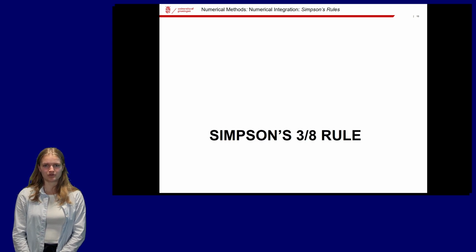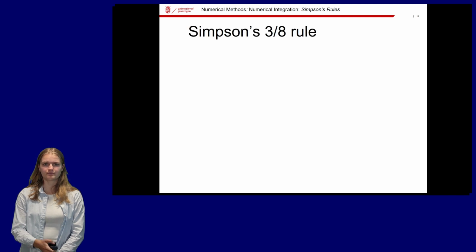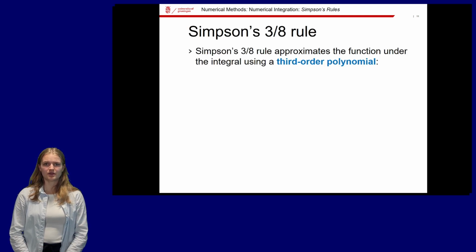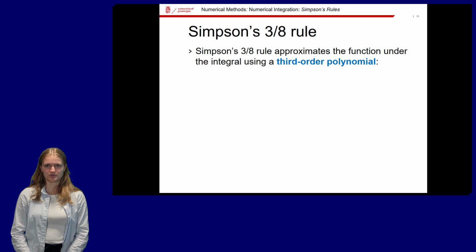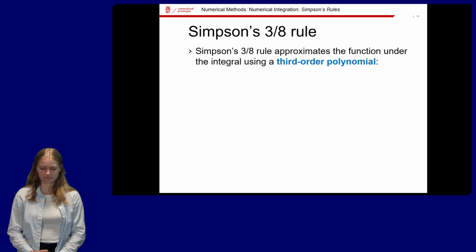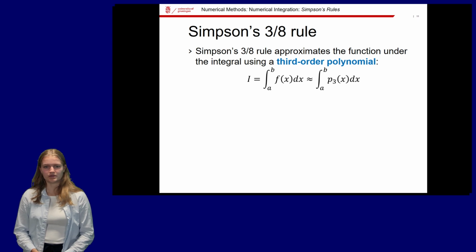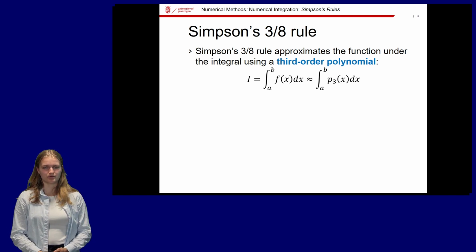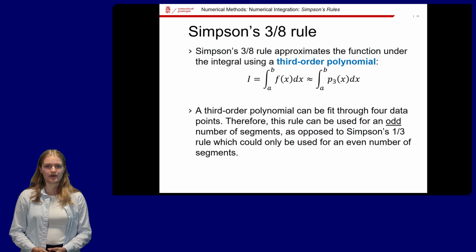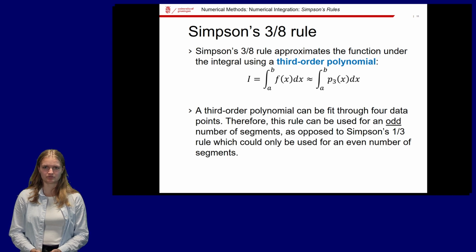So now I'll be moving on to Simpson's 3/8 rule. The 3/8 rule approximates the function under the integral using a third order polynomial. So here you see this again. We call the third order polynomial P3 of x. And recall from the polynomial interpolation series that we can fit a third order polynomial through 4 data points.